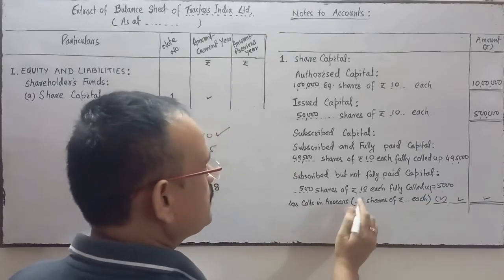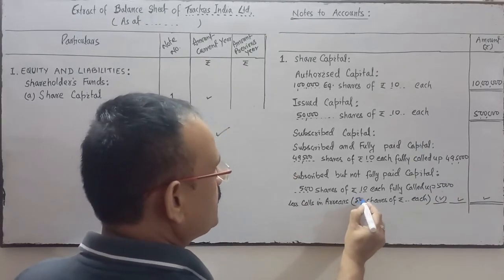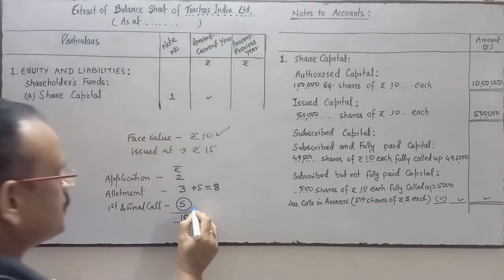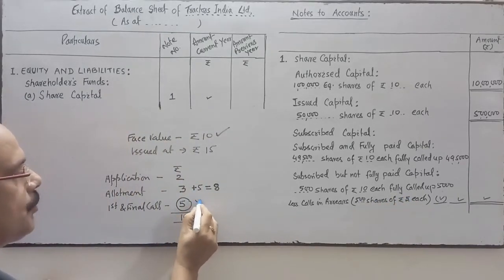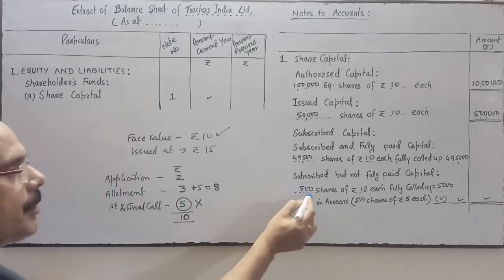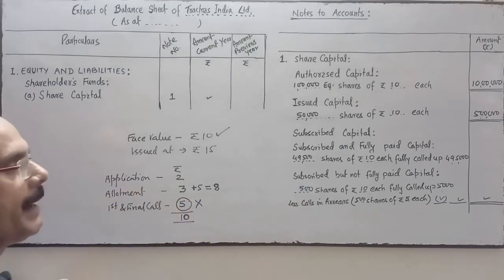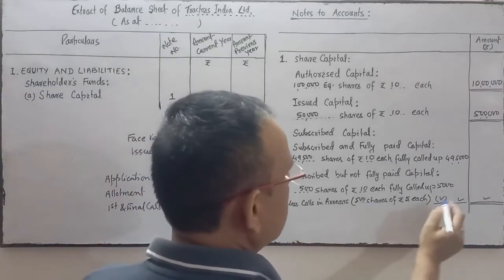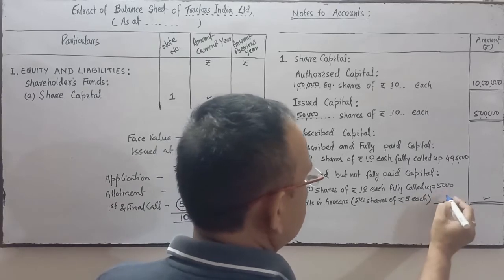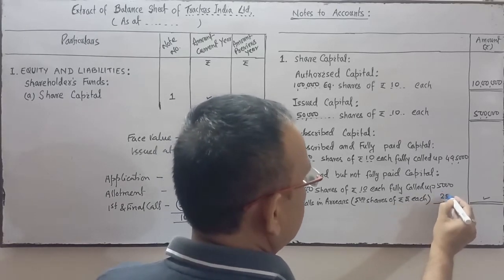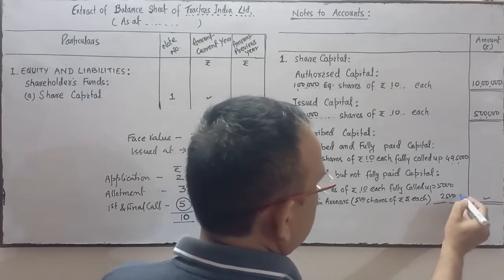So what is calls in arrears? 500 shares at rupees 5 per share is not paid by Balram. So 500 into 5 is 2,500.